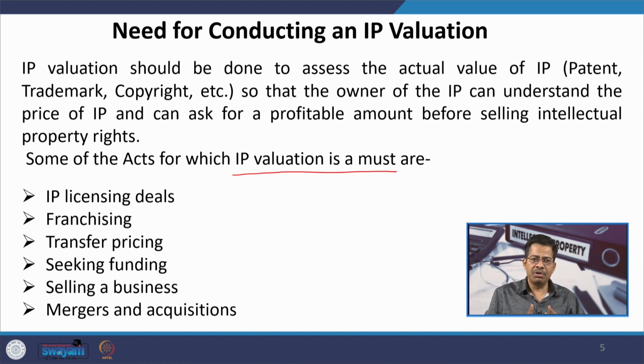Now, sandalwood should cost me, let us say, 1000 rupees a kg. But because I was not aware of the value of that product, I sold it at 20 rupees a kg. So, the same thing is possible in IP also. Without knowing the proper value of IP, I may be giving the product to anybody without knowing what the right price I should charge.